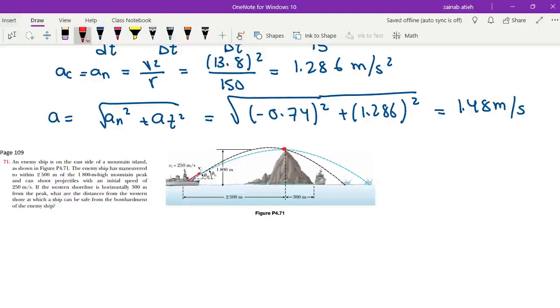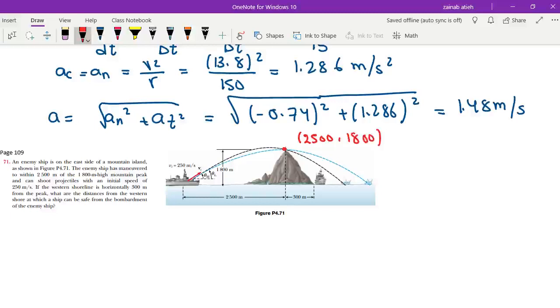In the blue one, the projectile going up hits the top of the mountain, and in the black one, on its way down, it hits the top of the mountain. And the top of the mountain, as sure, has coordinates 2,500 meters as x and 1,800 meters as y.